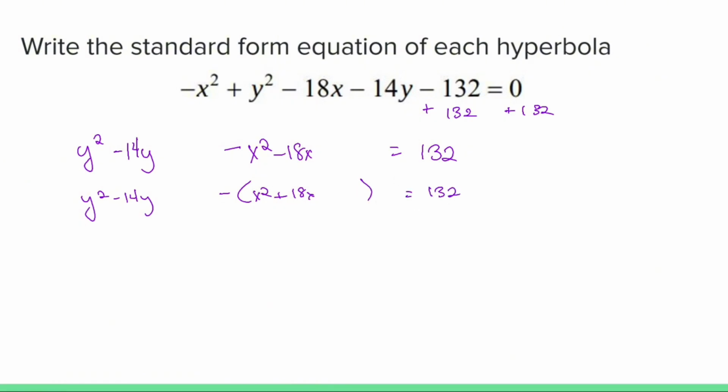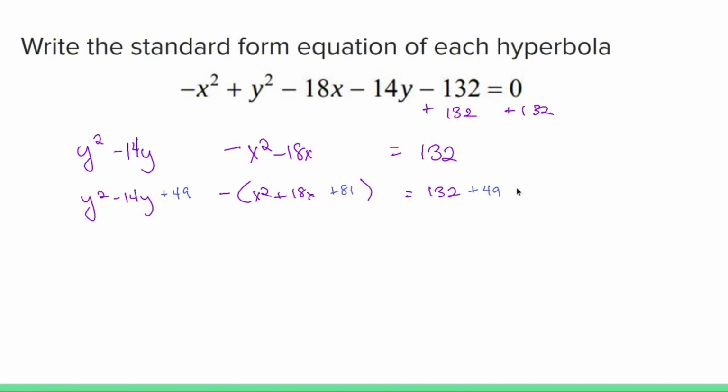Now we do our completing the square. Take half of the number in front of y, negative 14, which is negative 7, square that and add that to both sides. So we'll add that to both sides. Take half of 18, square that, 9 squared is 81. However, if I were to distribute this out, this 81 isn't actually really an 81 on the left.